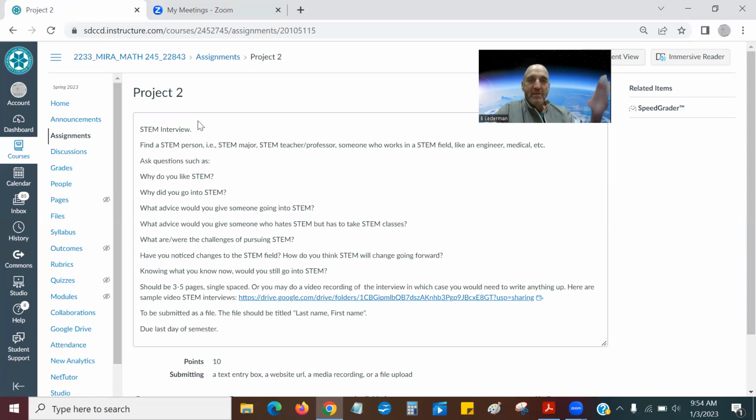It could be a science teacher from high school, or a math, science, or engineering professor in college, or someone who works in STEM. It could be an engineer. It could be someone in the medical profession. STEM is a very broad topic.